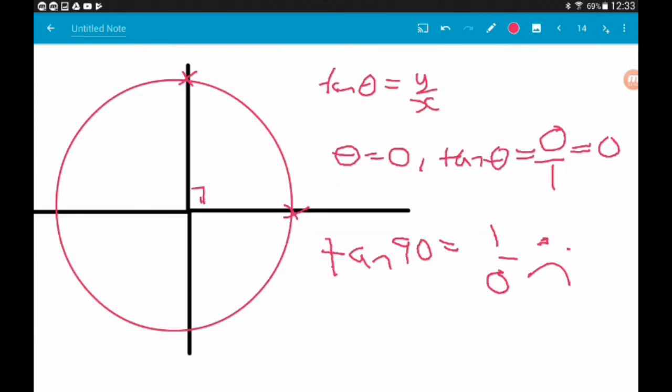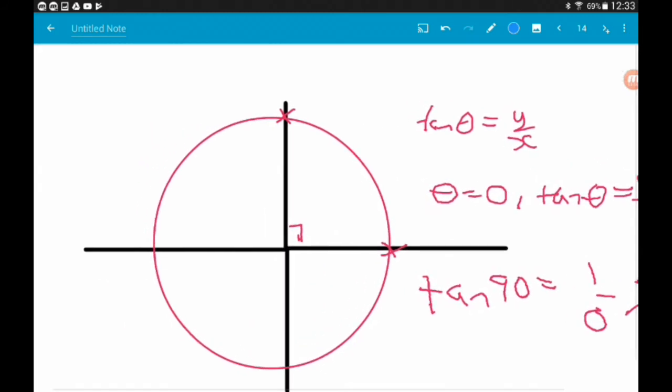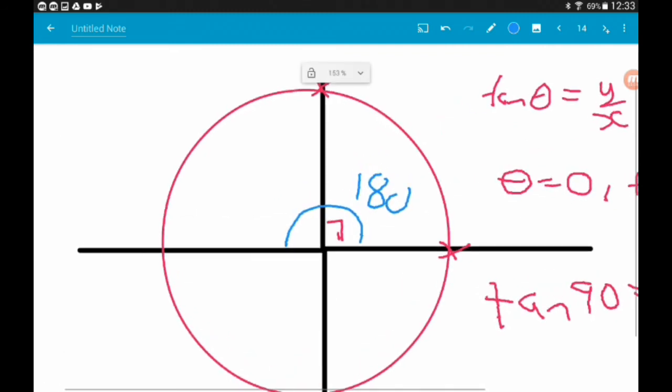So then if we go around another 90 degrees, so we go all the way around to 180 degrees, well, that puts us here at this point.